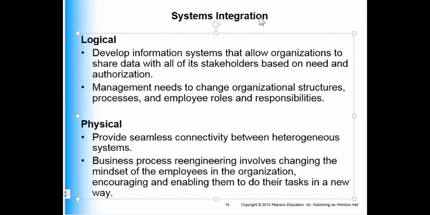One is information sharing. The second is streamlining the business process. You want to remove all inefficiencies, delays, and problems from the business process. You want to automate as much as possible.